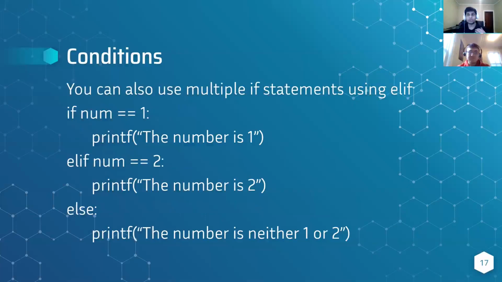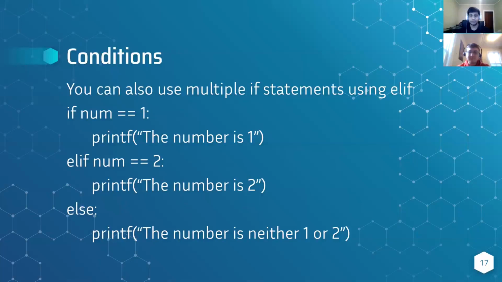We could get into more complex things with conditions using elif. Elif is a shorthand for else if. Here, let's say we have a number, which is just num, which could be any number, 1 to infinity. We'll have it do a question, if the number is equal to 1, then we want to print the number is 1. Or if the number is 2, then we want to print the number is 2.